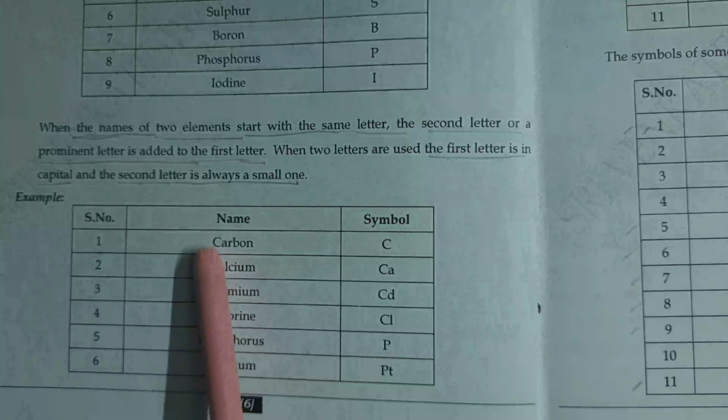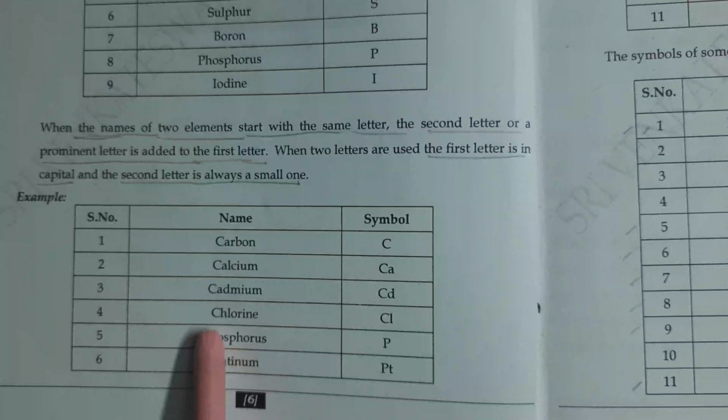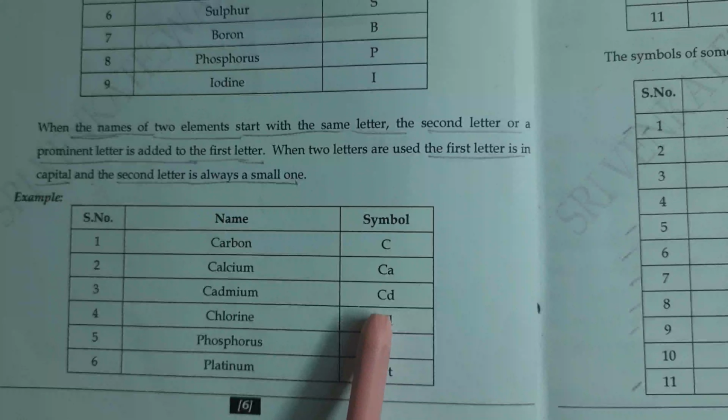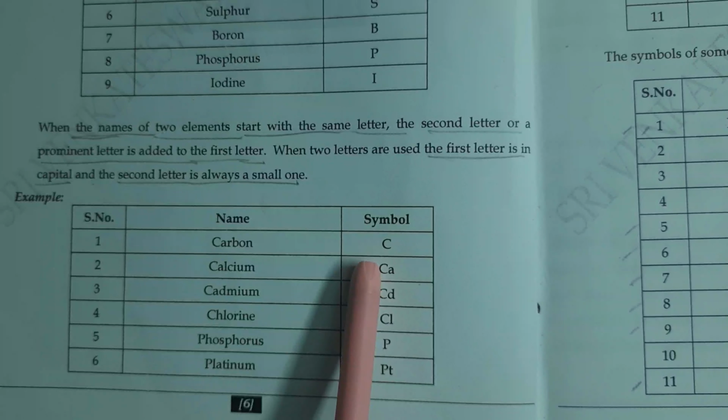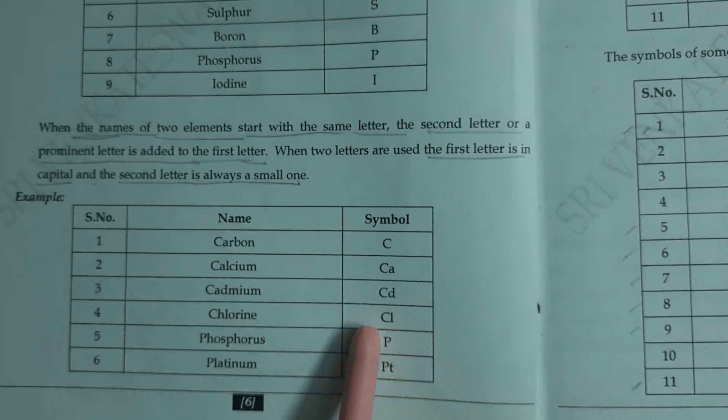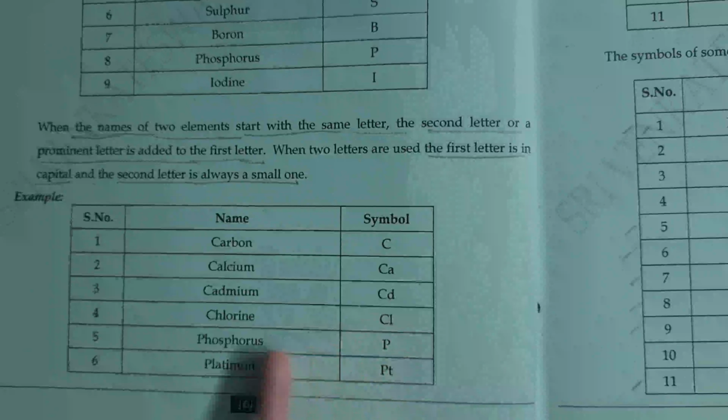So even though all four elements start with C, only carbon is C, and for the remaining we take either the prominent letter or the second letter as the symbol.